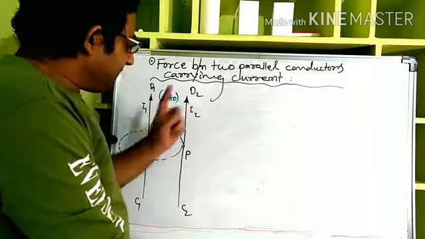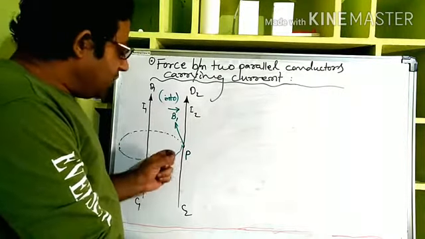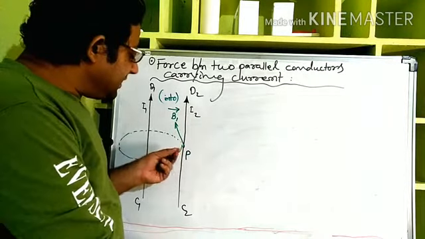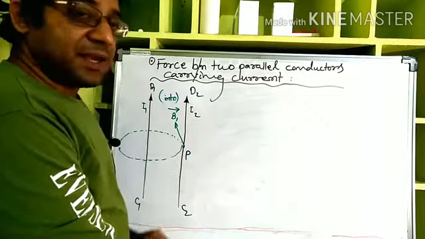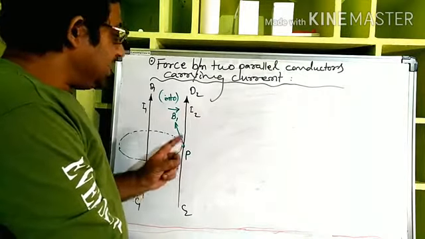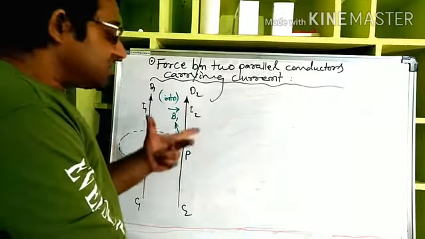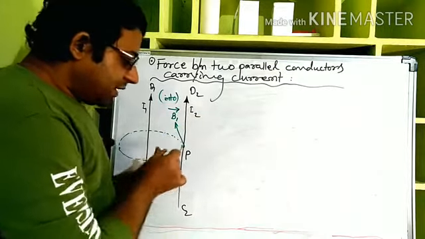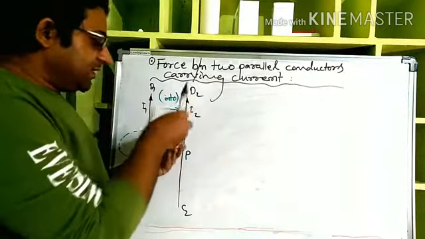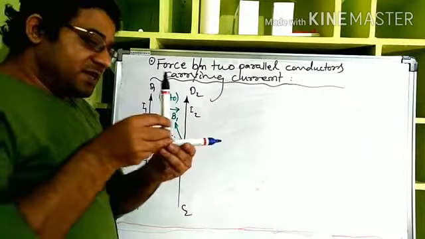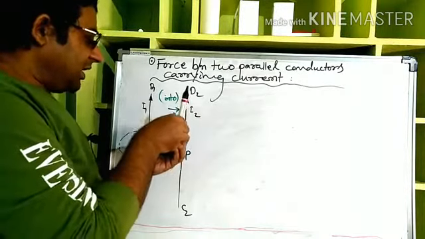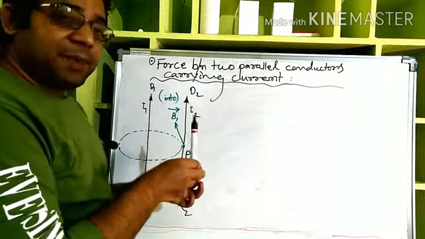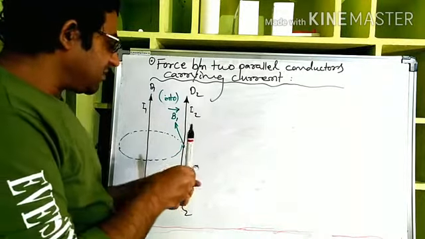We got the direction of I. Now we are going to see what is the direction of the force experienced by P. Now see, we can use the left hand rule here because B is into the board and I2 is moving this way, so these are perpendicular to each other, right? If B and I are perpendicular to each other, we can apply the left hand rule as we have discussed already.